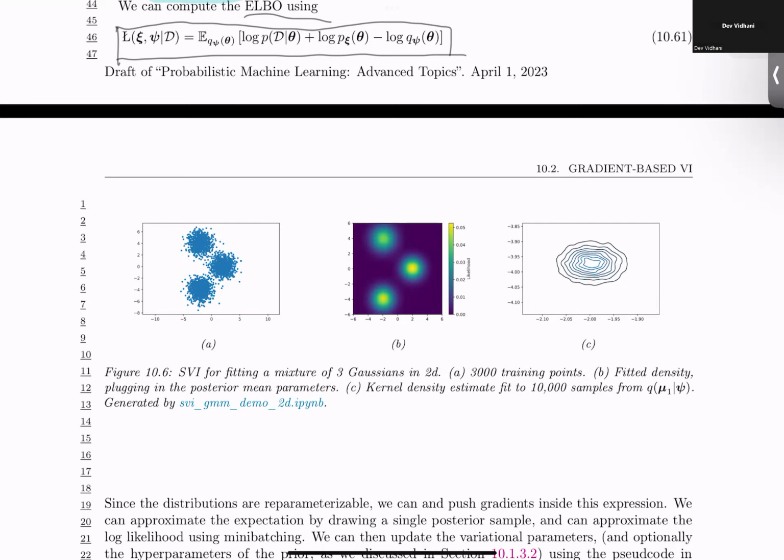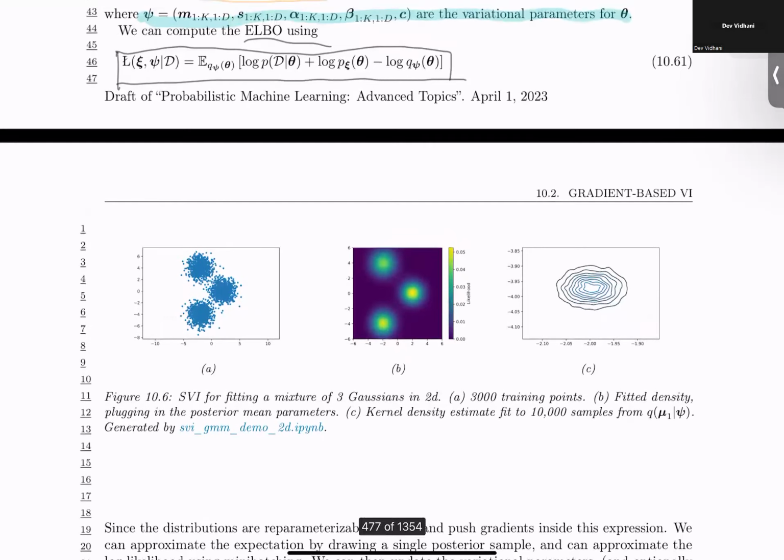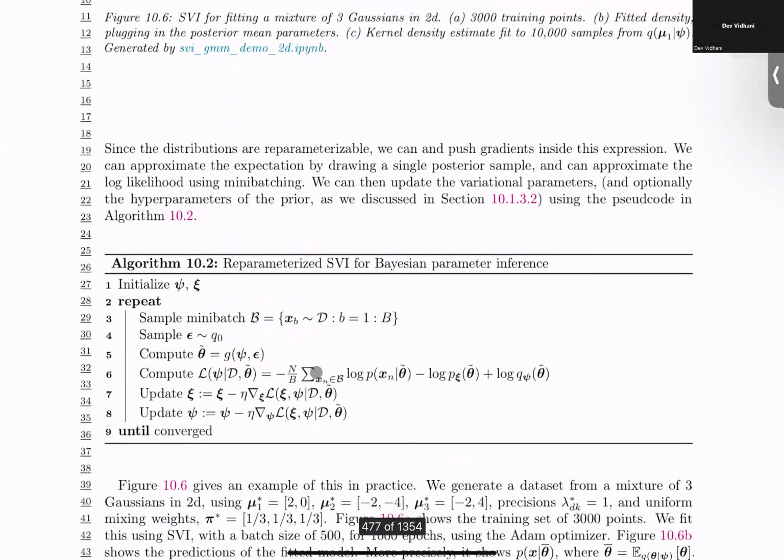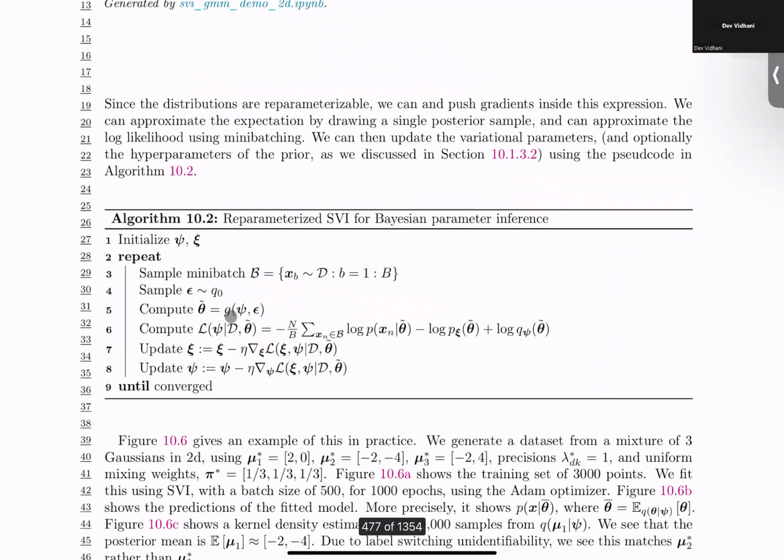So anyway, that's one part, but in the context of the reparameterization trick, what they also highlight here is, because we are trying to estimate the parameters' variation, this is the ELBO that they determine, where psi are the hyperparameters, which actually are the parameters, if you may, to model the uncertainty of the GMM parameters. And they show in algorithm 10.2 that they actually applied the reparameterization trick.